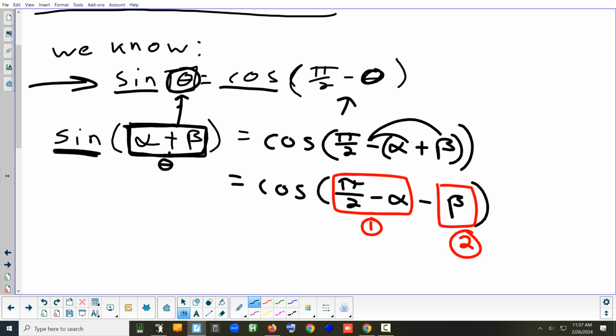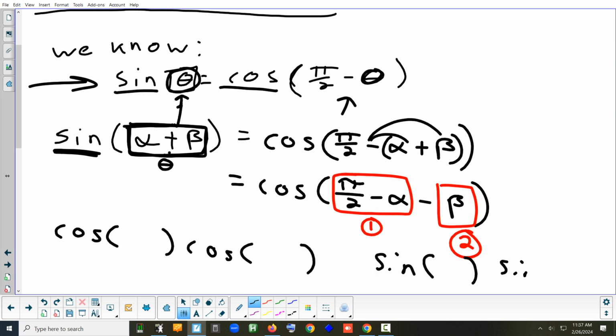Okay, so let's write it out. Cosine, cosine, sine, sine. And what goes in between the two when we have cosine of a difference? Addition. Okay. What's going to go in my first parenthesis?